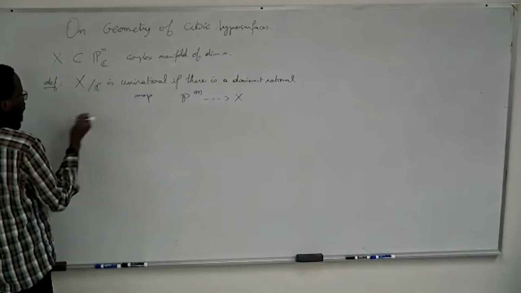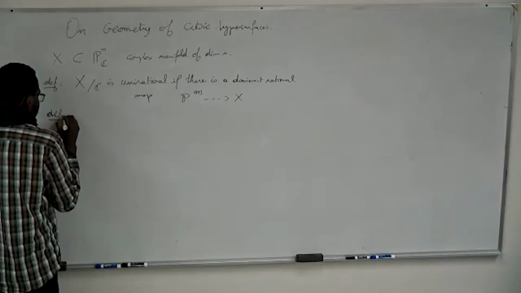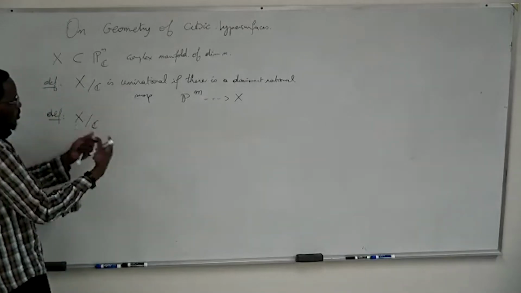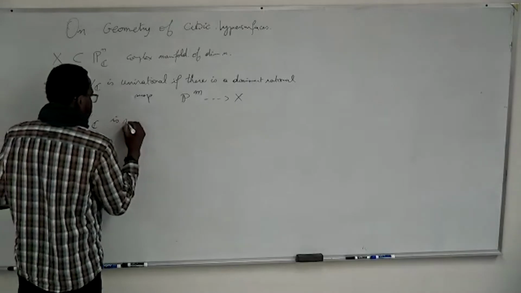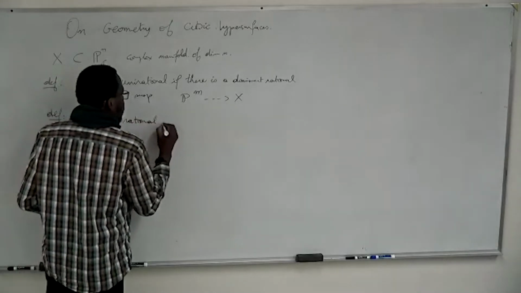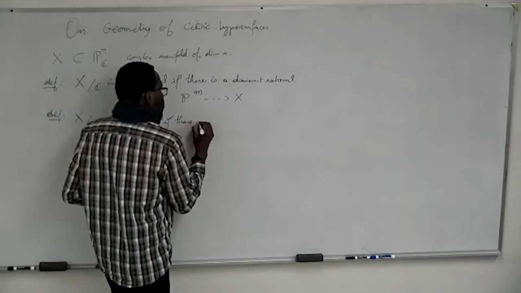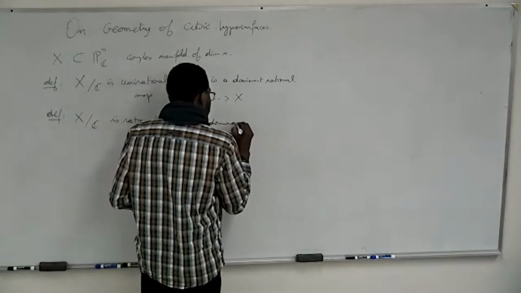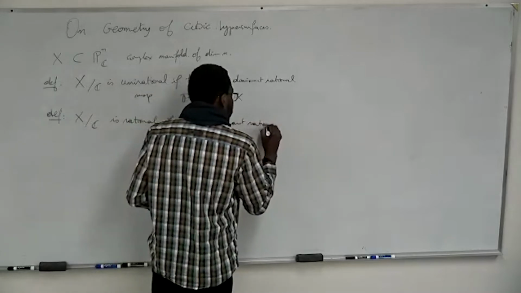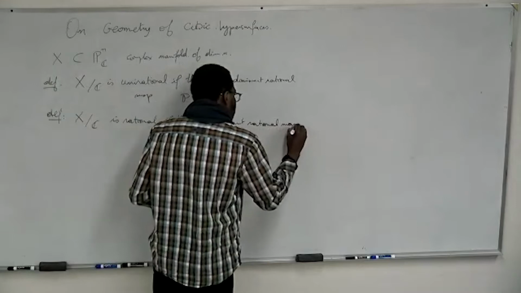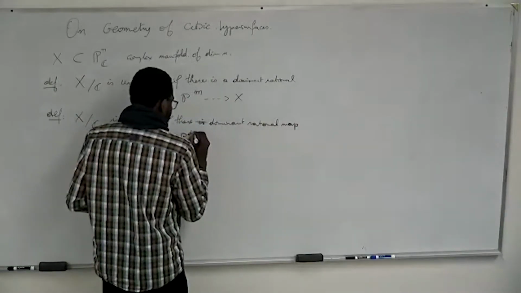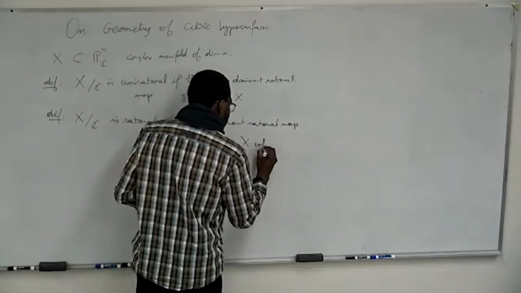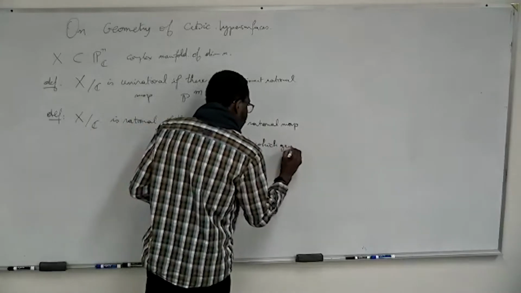And there is a stronger notion than this one, which requires the parameterization to be generically one-to-one. X is rational if there is a dominant rational map, like just previously, where now the dimension has to be the dimension of X, which is generically one-to-one.